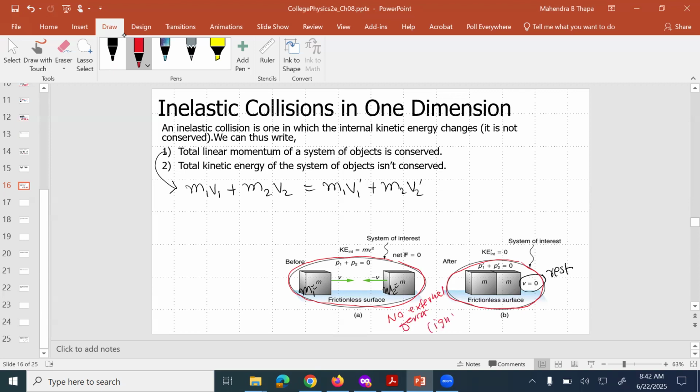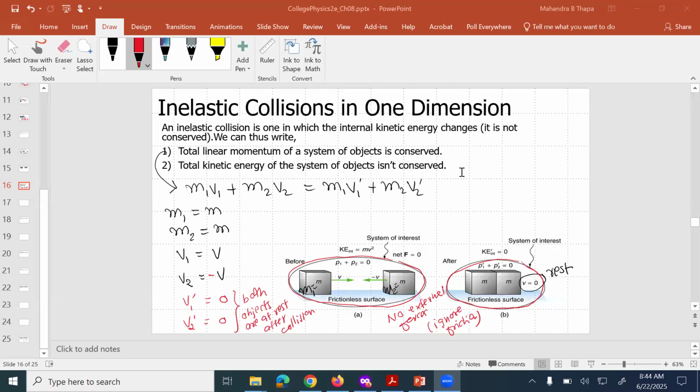Okay, so in our case, in this example, both objects are at rest after they collide.